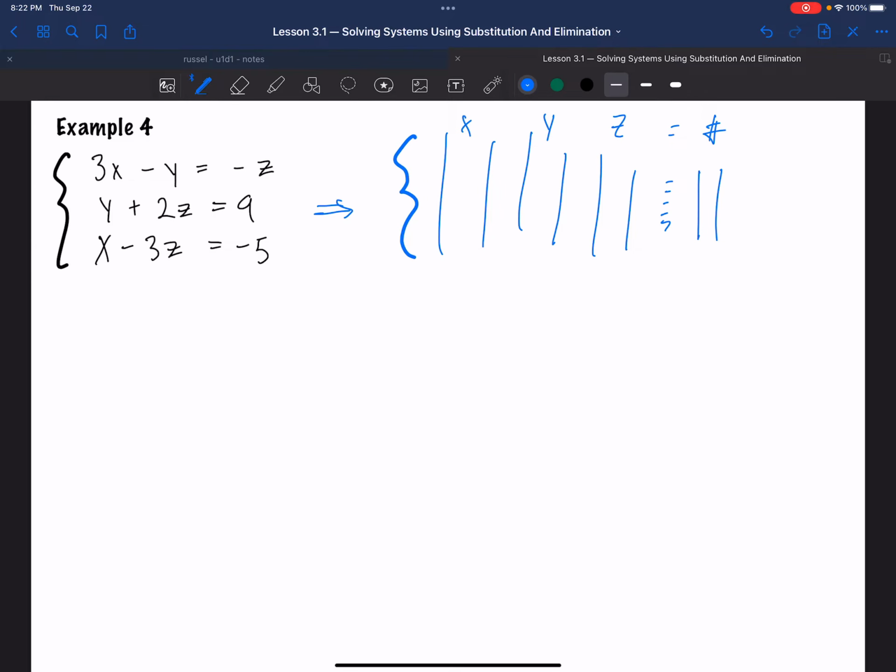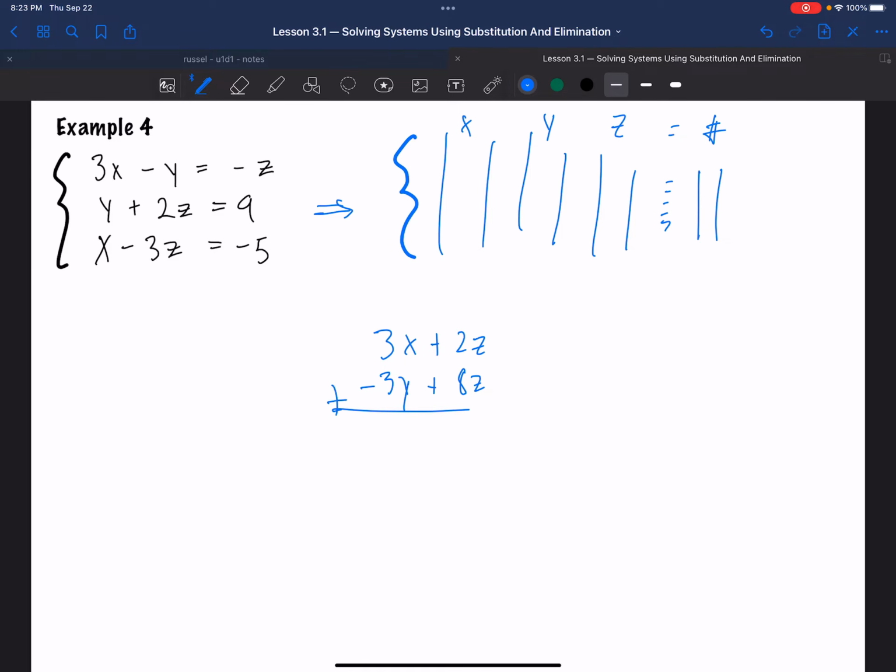2 reasons why I'm going to do it this way. Number 1, aligning your variables helps you keep track of elimination procedures more easily. Makes it clear to your reader and to yourself what you're eliminating, and prevents just mistakes in general. For instance, if I had 3x plus 2z, and I had negative 3y plus 8z, right?